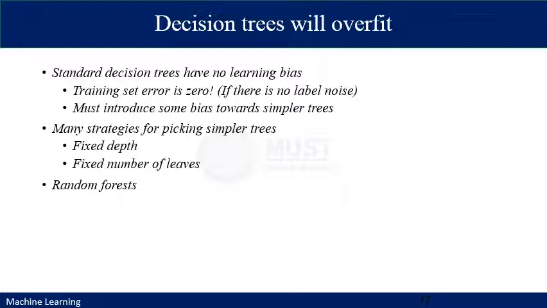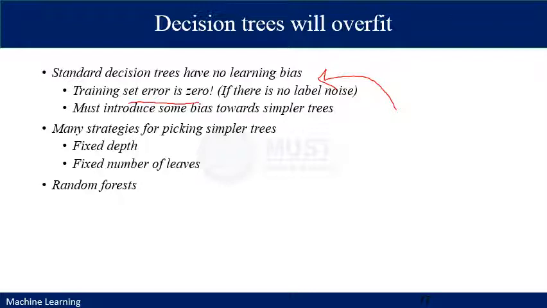In this case, the training set usually provides zero error if there is no label noise, and you must introduce some bias towards simpler trees. Whenever you run the trees to significantly smaller trees, you may introduce some learning bias to make assumptions to overcome the training error.